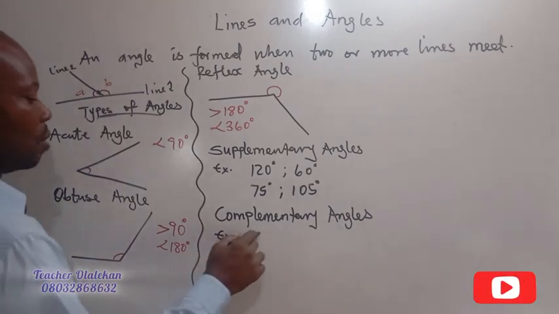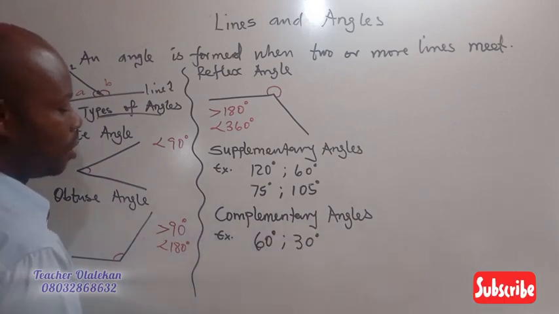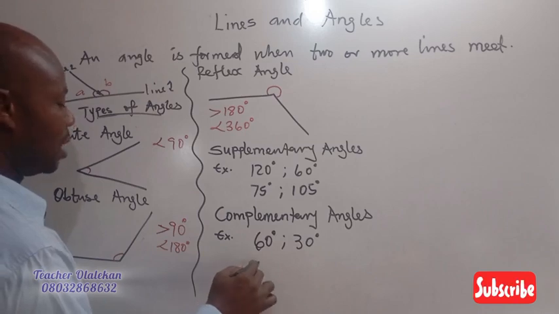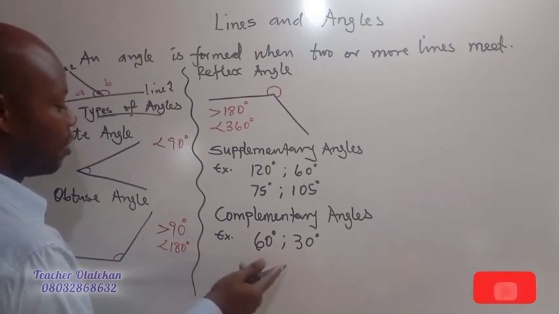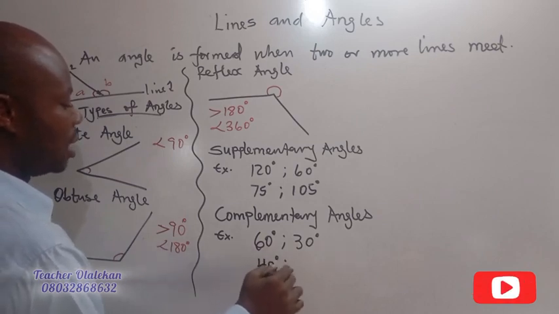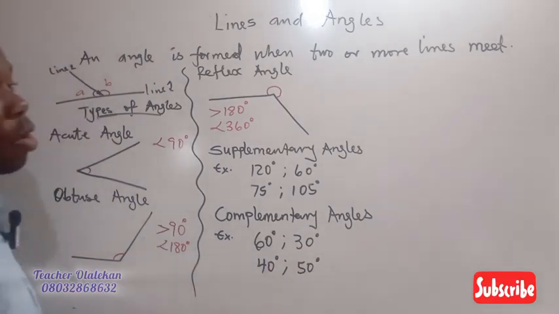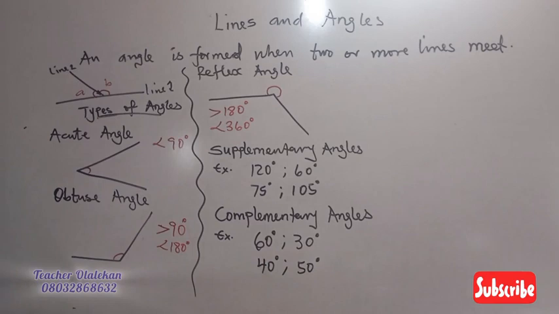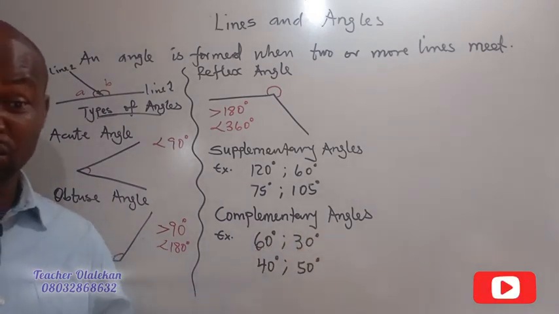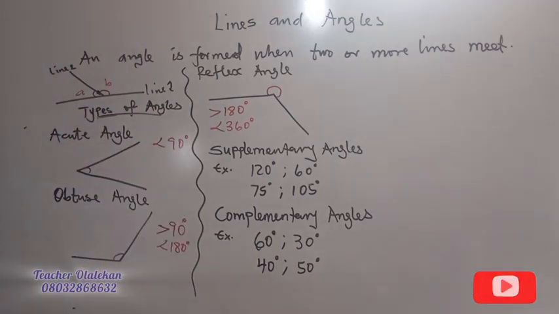For example, you may have 60 degrees and 30 degrees. You may also have 45 and 45, or 40 degrees and, let's say, 50 degrees, and so on. So these are complementary angles.